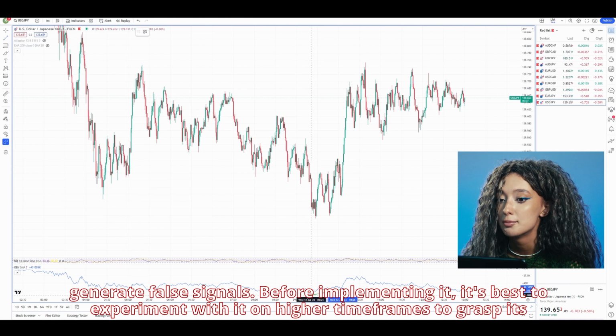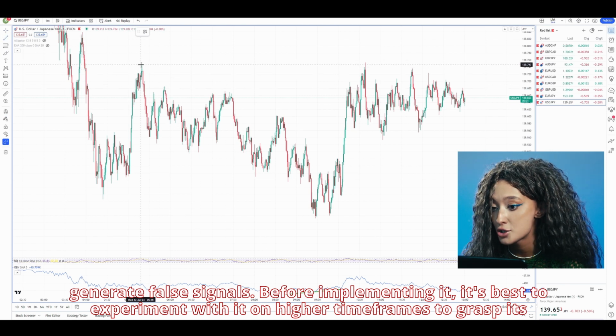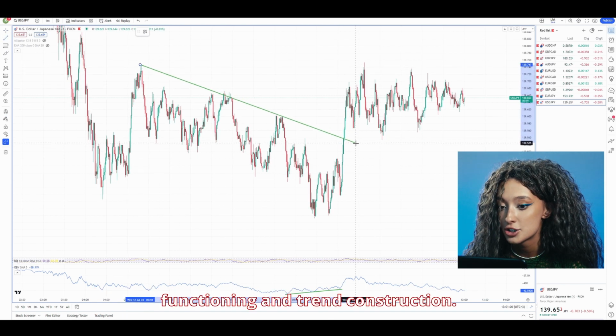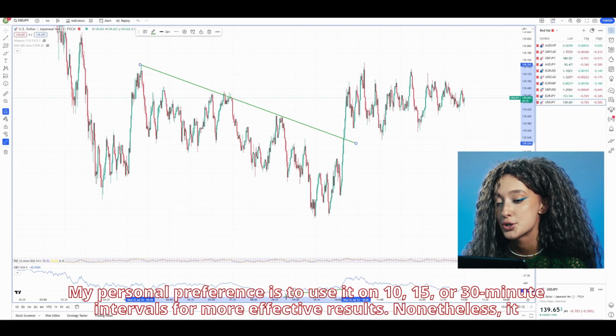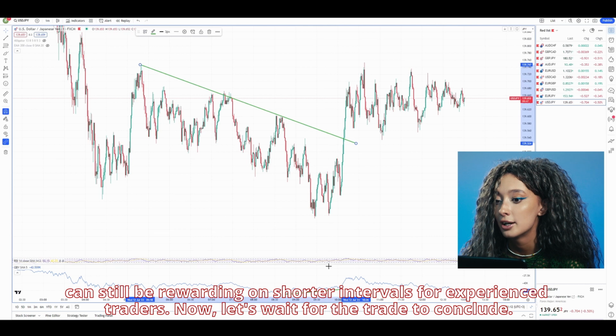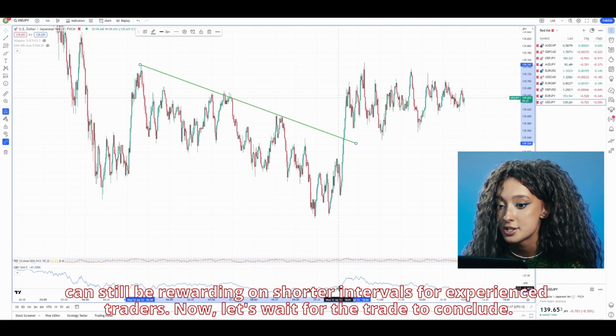Before implementing it, it's best to experiment on higher time frames to grasp its functions and trend conclusions. My personal preference is to use it on 10, 15 or 30 minute intervals for more effective results. Nonetheless, it can be relied on for short reversals by experienced traders.